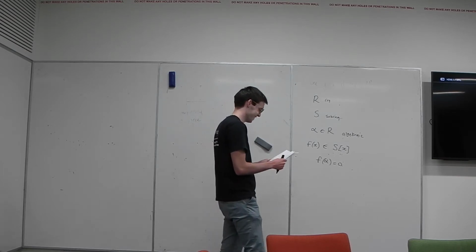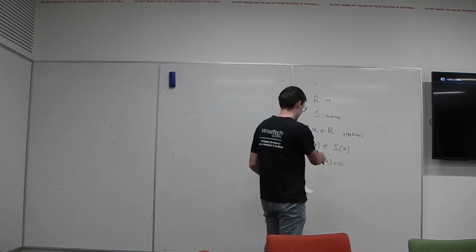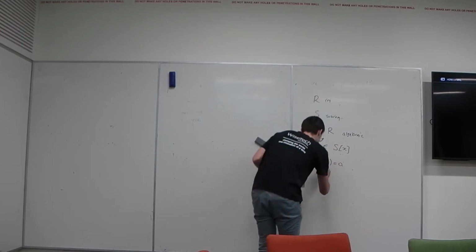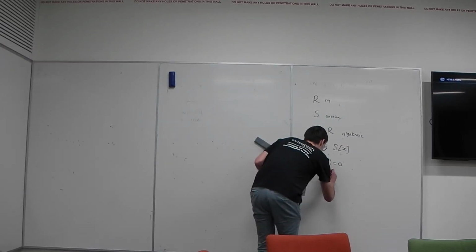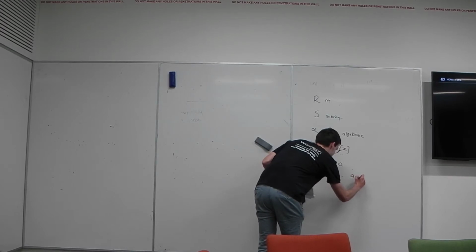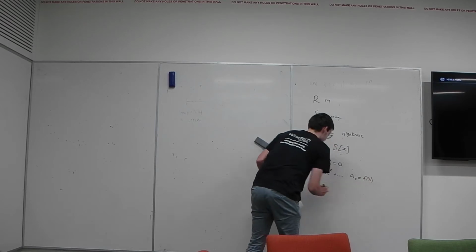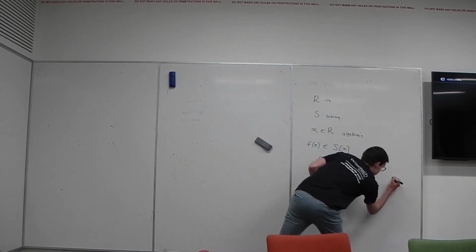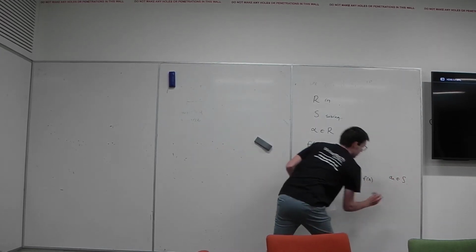Everyone following so far? Okay. Just to make things more explicit: a_n x^n plus ... plus a_0 equals 0. All these a_i are going to be in S.